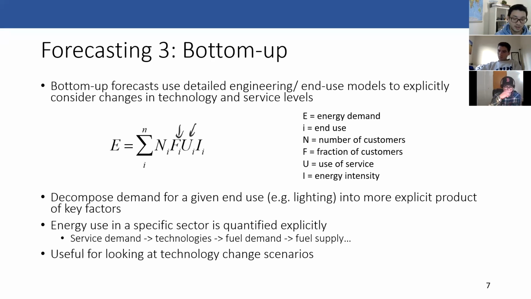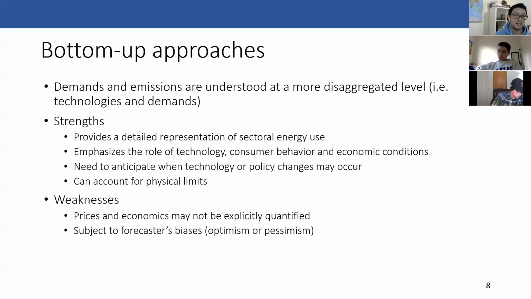Because those things aren't included, that's another source of bias that could be introduced, tied to whatever the forecaster believes about how those parameters might change in the future, independent of pricing and economics.